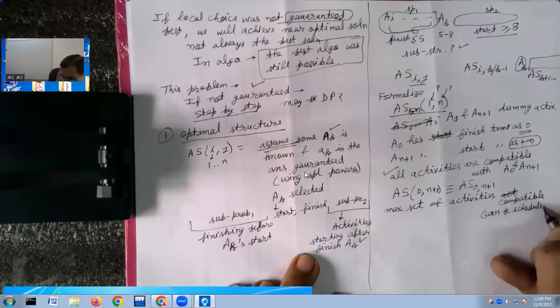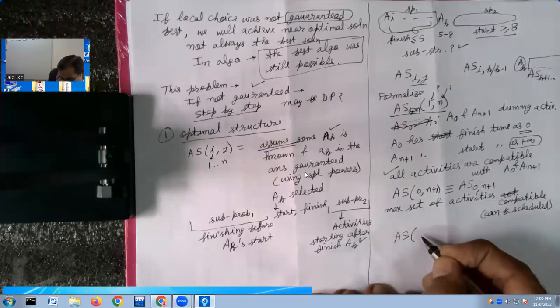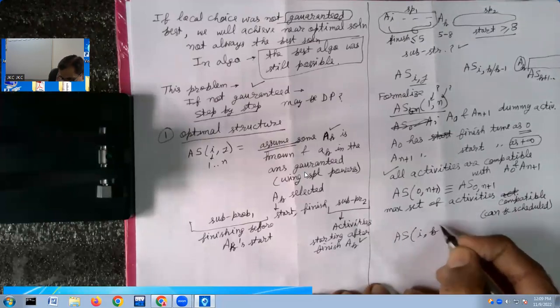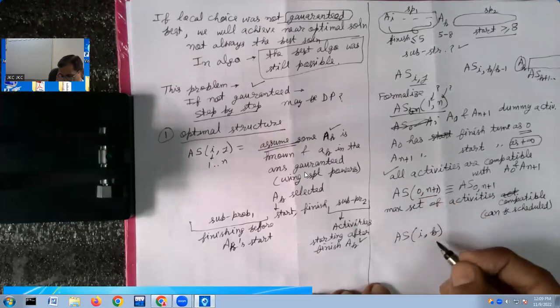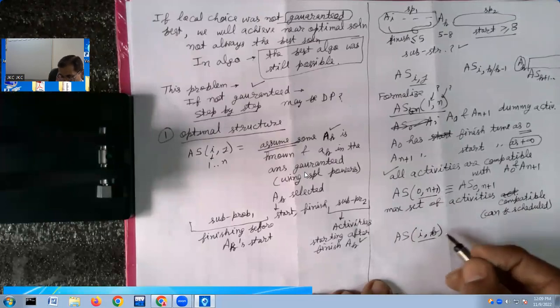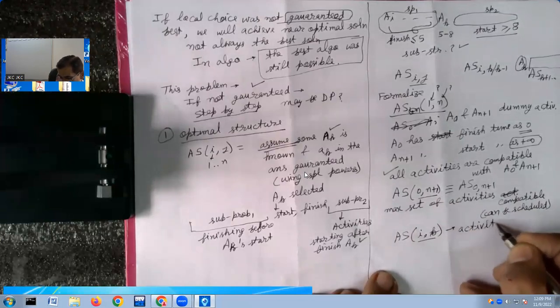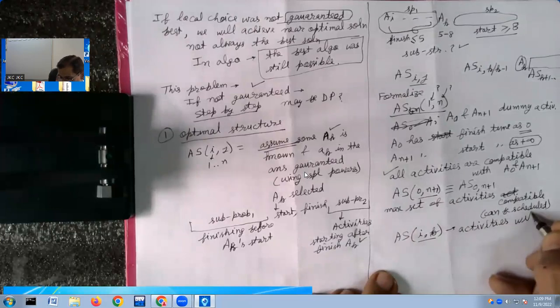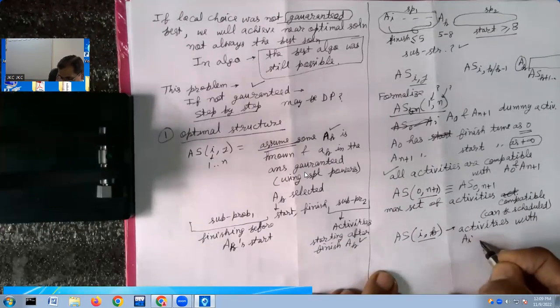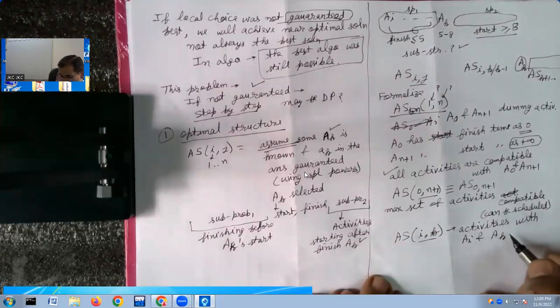The purpose of this is that through this, I will be able to say AS of some i to k, where i is less than k, and k less than j, will be possible. So this will tell activities compatible with Ai and Ak. And compatible will automatically give the corresponding implementation logic.